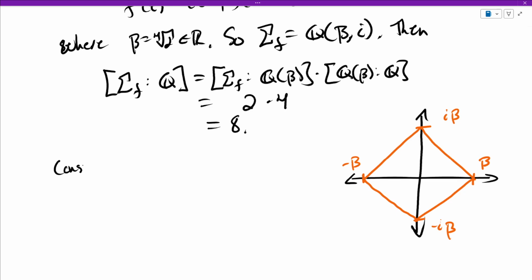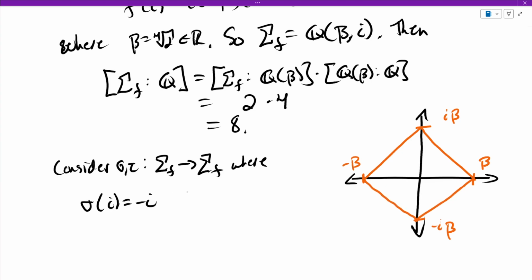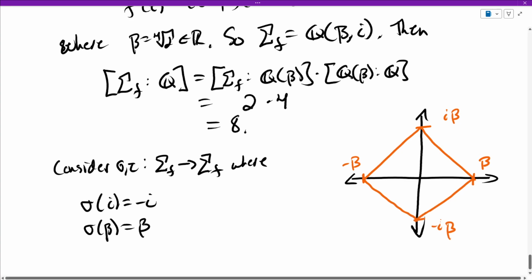We're going to consider maps sigma from sigma f to sigma f, and also tau, sigma and tau. Where sigma of i is going to be negative i, and sigma of beta is just going to be beta.